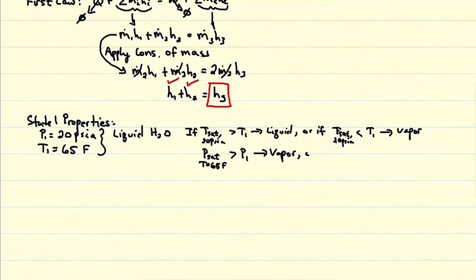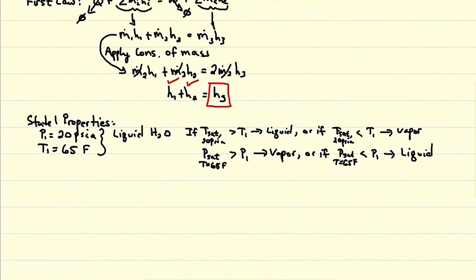Or conversely, if Psat at a temperature of 65 Fahrenheit is less than P1, well, now you're compressed relative to the saturation pressure, so then that means that you are a liquid. Okay? Either one that you want to use, so long as you're able to identify eventually that this is liquid water, then you're in good shape.